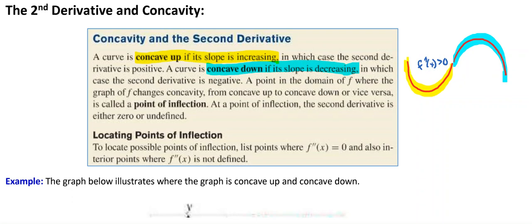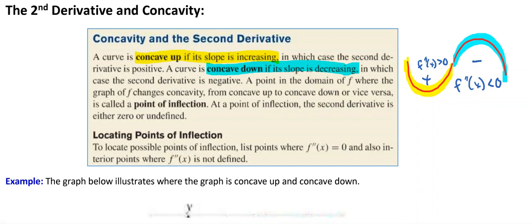But even more importantly for this discussion, this is where the second derivative is going to be negative, or less than 0. So concave up, the second derivative is positive. Concave down, the second derivative is negative.